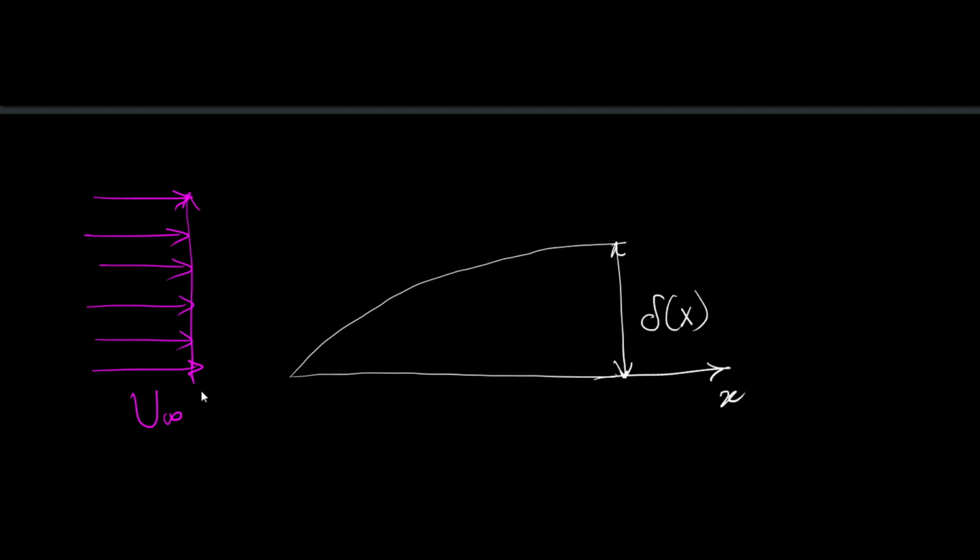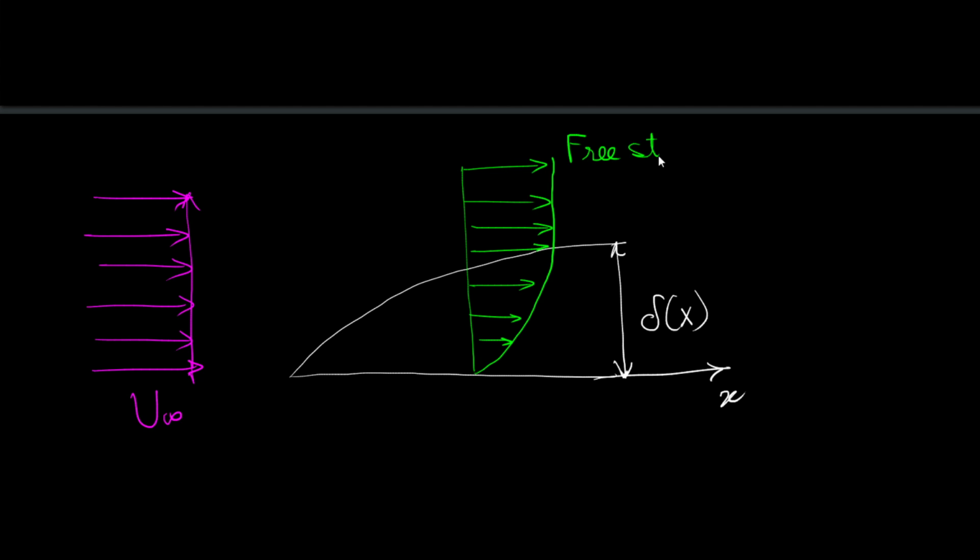Well, there can be various incoming flows, but we will consider this prototypical incoming flow. So this can be considered as the free stream. Outside the boundary layer, the flow is ideal, and inside this white envelope, we have the boundary layer.